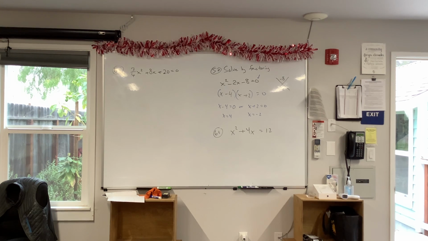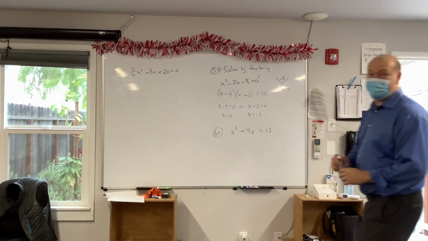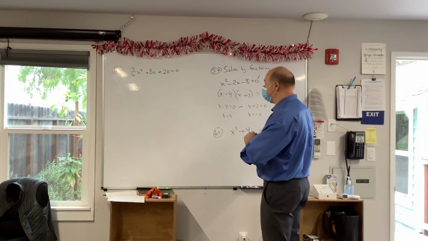So first things first is move it over so it's set equal to 0, just like our previous one is. Right, first, what's the fraction? 3/4. Okay, cool. If you guys are starting to work on 65, I'll tell you this, we don't factor fractions usually, so get rid of the fractions first.